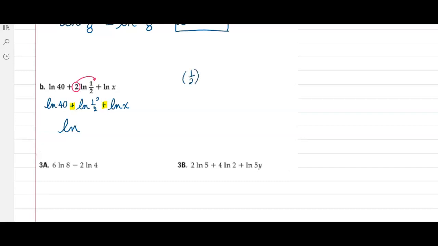Remember, 1/2 squared is just 1/4. So if I do 40 times 1/4, I'm going to get 10. So these two multiply gives me 10, and then I multiply it by the x as well, and that's my answer.